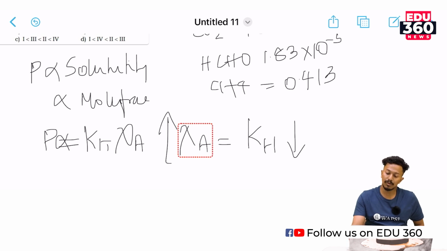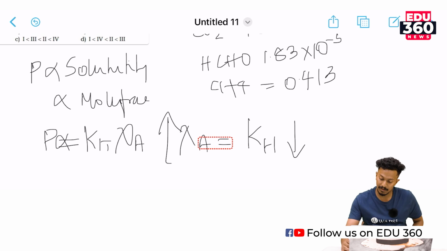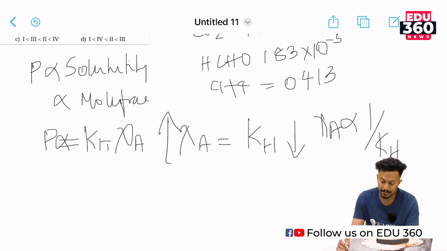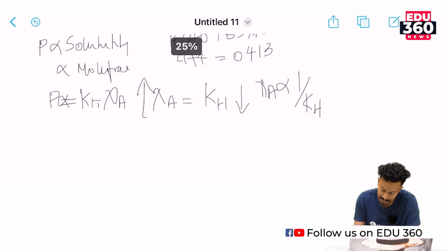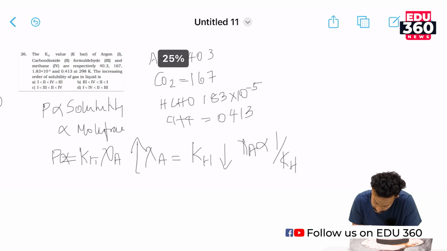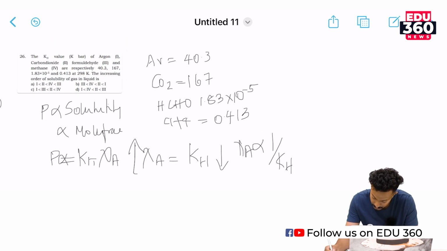It is inversely proportional, so chi A is inversely proportional to the value of KH. By this we can say that the lowest value of KH has the highest solubility. Which one has the lowest? I think it's methane gas with 0.413.